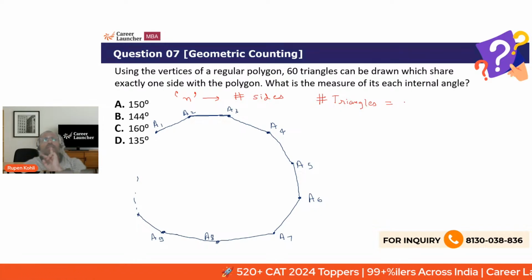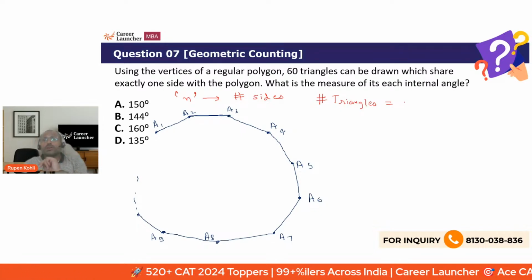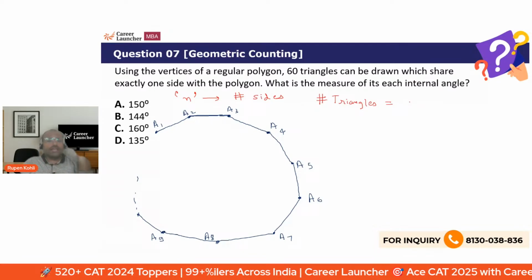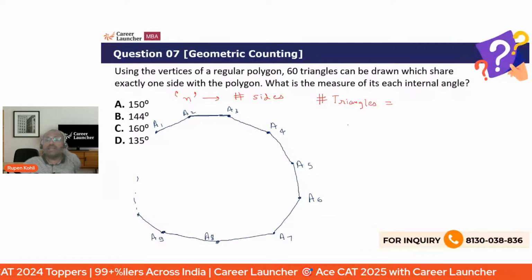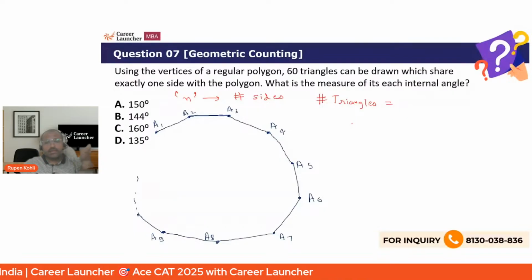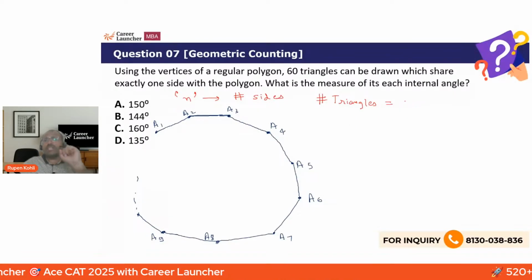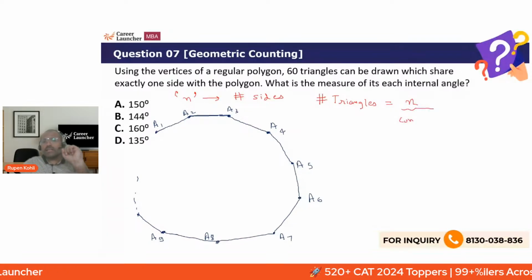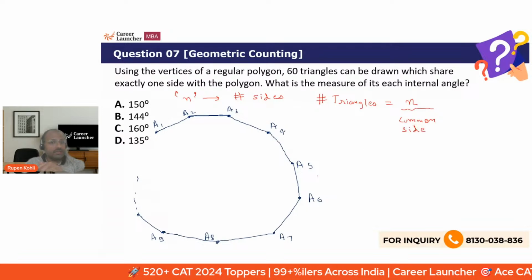You need to have exactly one side common with the polygon. Obviously there are n sides to a regular polygon, so in n ways you can select that common side. First you select the side which is common with the triangle in n ways.